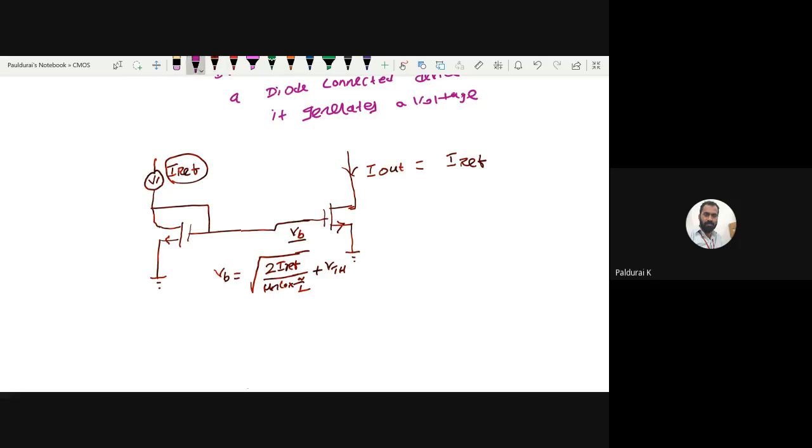Now what about this I out? I want to copy this, so I don't know the value here. Let me write it here. I out, since this is biased in saturation region, is half mu n C ox W over L times (VGS, my input biasing voltage, minus VTH) the whole square.